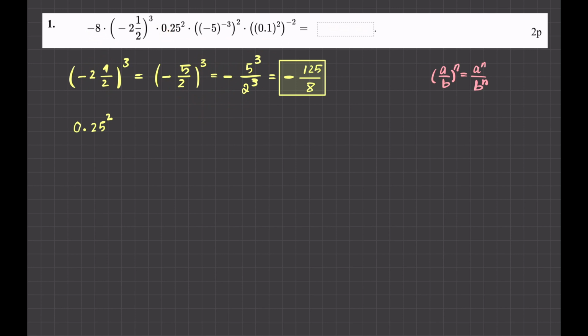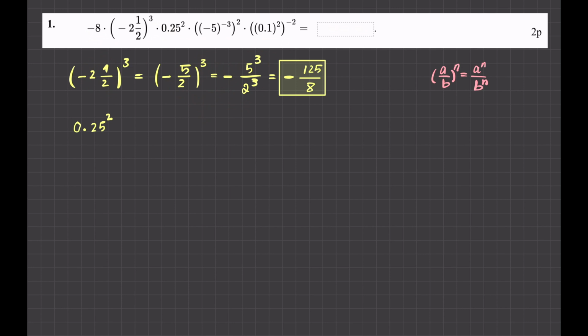Then you have to be careful not to confuse this dot with that dot. This dot, which is a little bit higher, is multiplication, but this dot, which is a little bit lower, is decimal point.